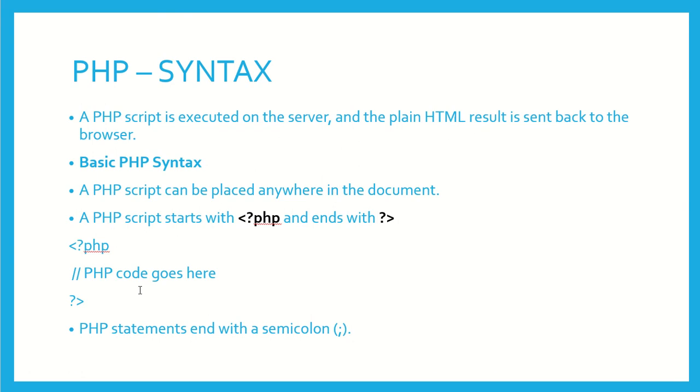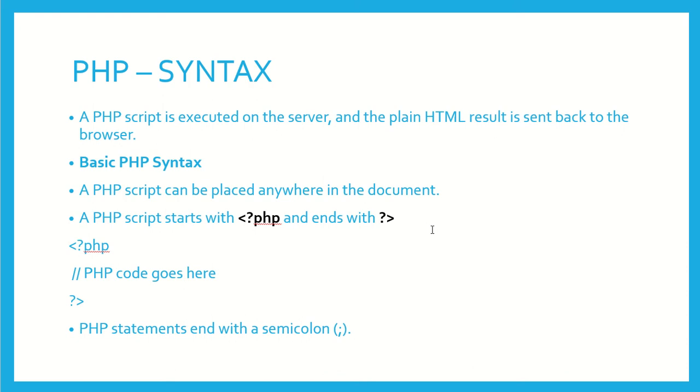So this is a sample. Whatever is to be executed has to go within the <?php and ?> pair tag. Just like C programming, every statement in PHP should also end with a semicolon. That is the second point to be noted.